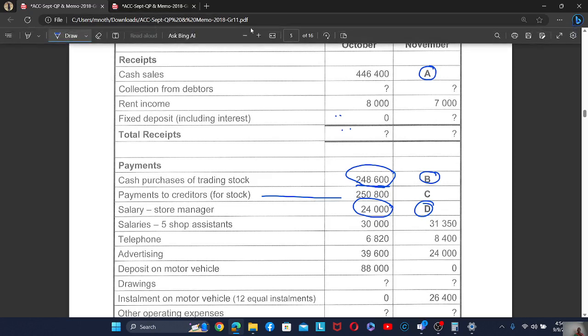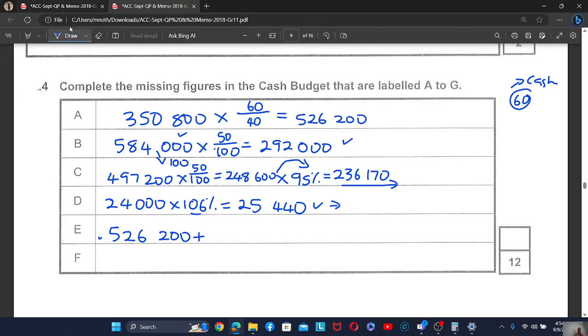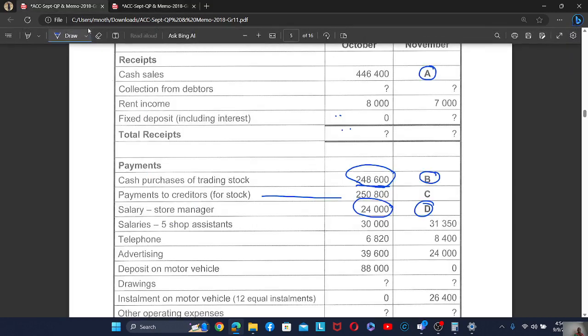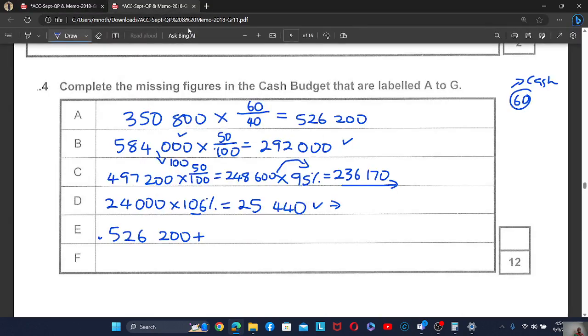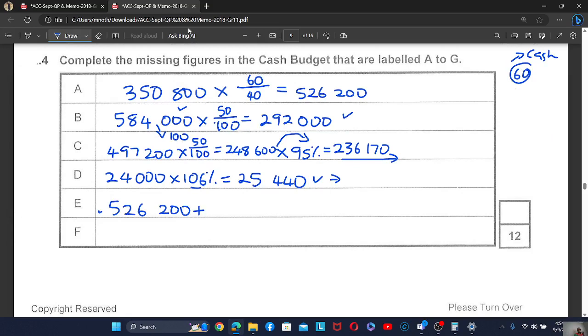For November, cash sales, we already have them. They are 526,200, letter A. And then the collection from debtors for November, we also have because we did the debtors collection schedule.